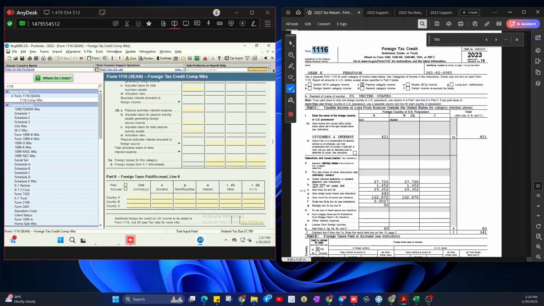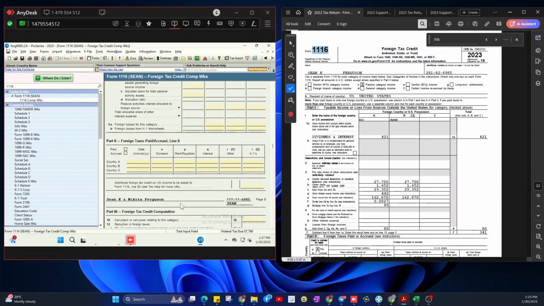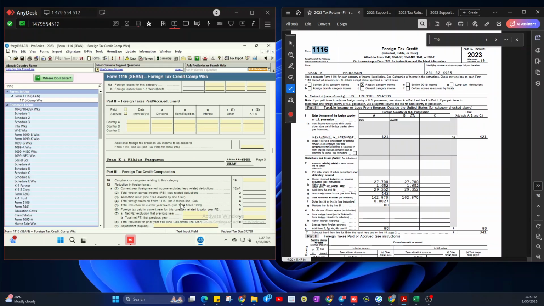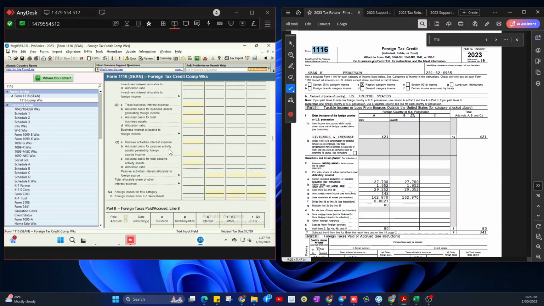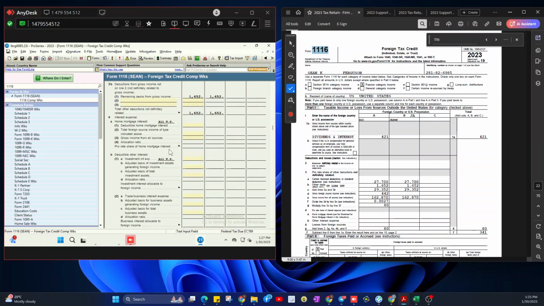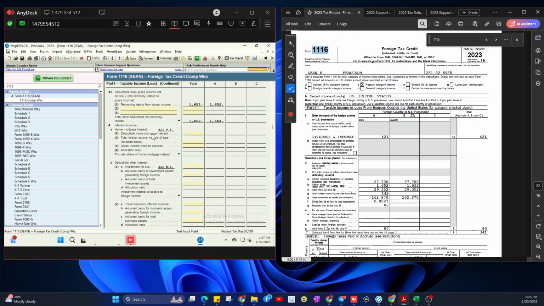This 3C, right? Gross foreign income source per instruction. Let's see. This is 3D. There's no 3D.